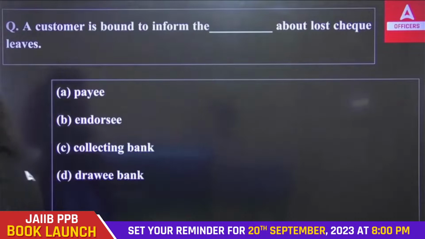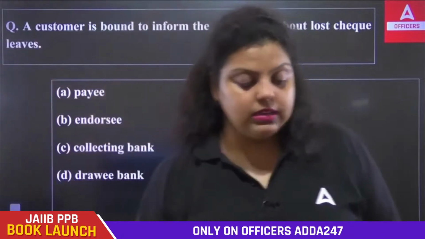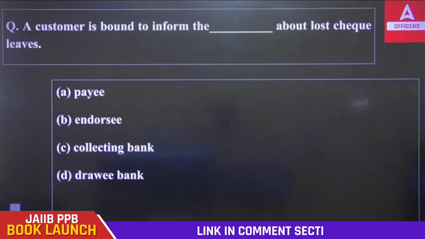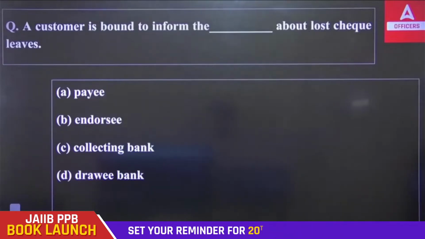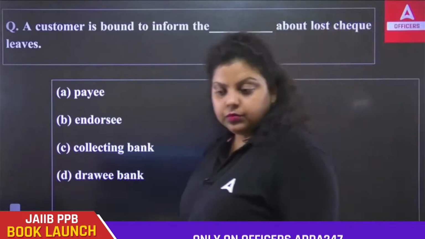To whom you have to inform that your check leaves are missing, might be taken by someone, or might be stolen. So let me know which of the following is correct.